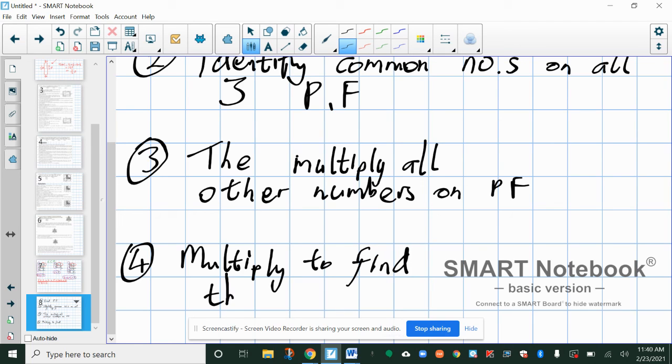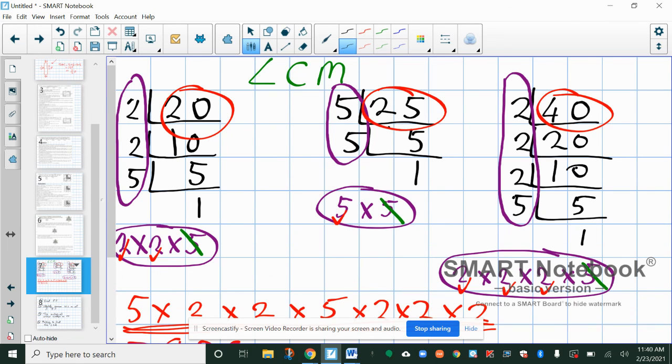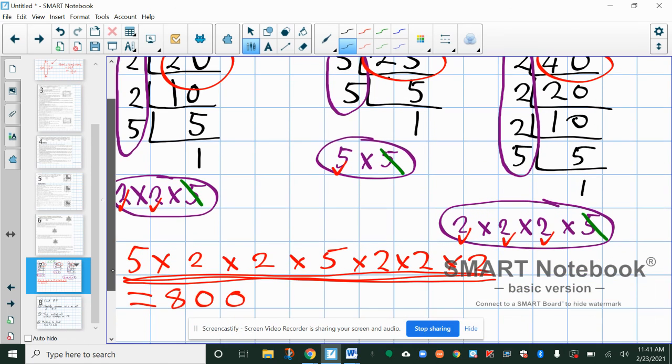Now, your handwriting is going to be a lot neater than my scribbles here, but hopefully you get the main mathematical concepts and steps as to how you can find the least or lowest common multiple for 2 or 3, in this case 3 numbers, using the prime factorizations, identifying the numbers common on all three lists, and then adding the extra numbers and multiplying.